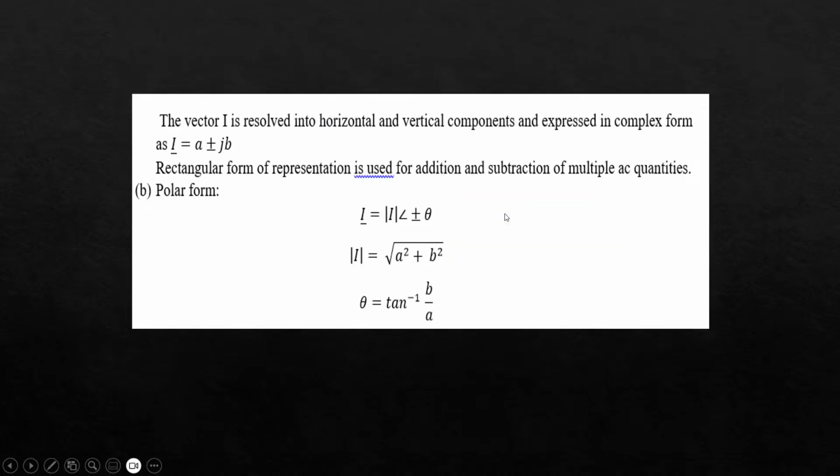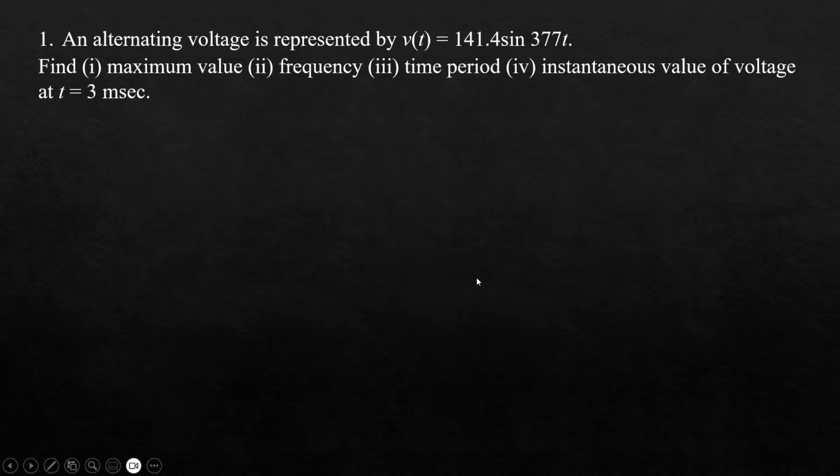Phasor vector diagrams. The vector I is resolved into horizontal and vertical components. This will come. Now let's go to the numericals. This is interesting.